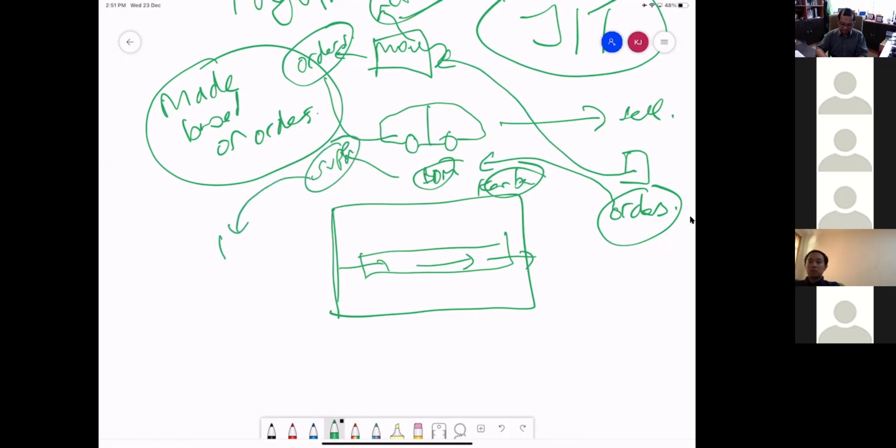Supplier sends parts. So parts arrive at the factory, straight away assemble, then ship straight away. That's the idea of JIT.